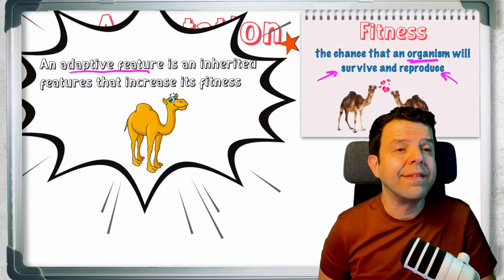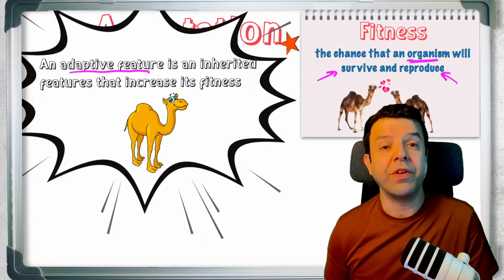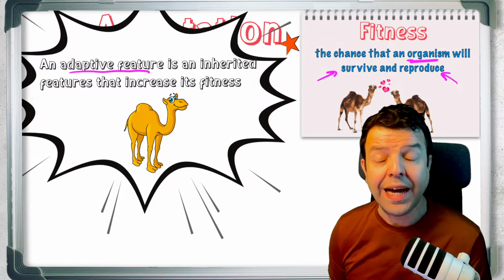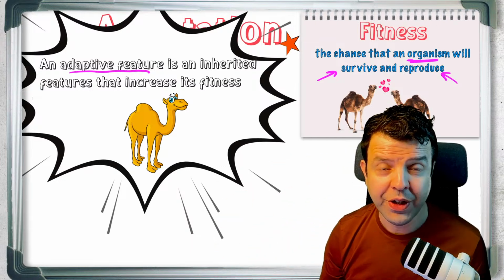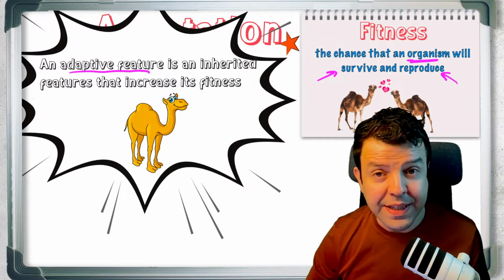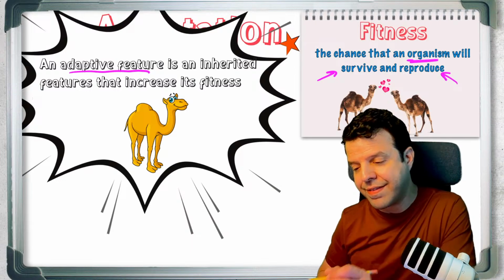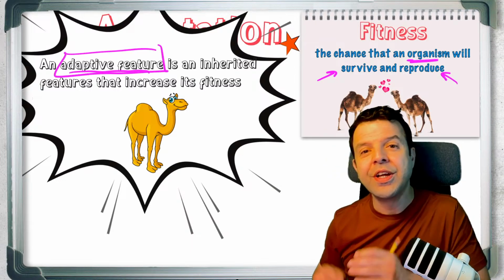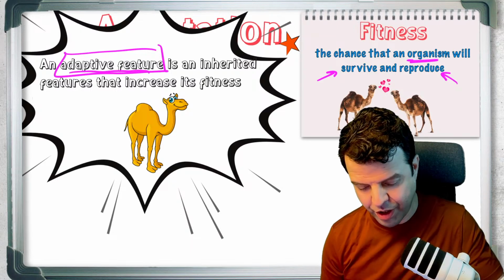So instead of me saying camels can survive and reproduce in the desert, I say camels are fit to live in the desert. All right? So when I say it's the best fit to live in the desert, that means that the camels have all the adaptive features to survive and reproduce in their environment.